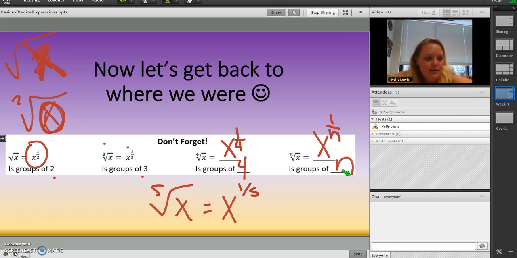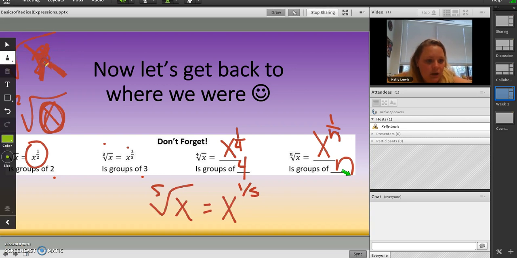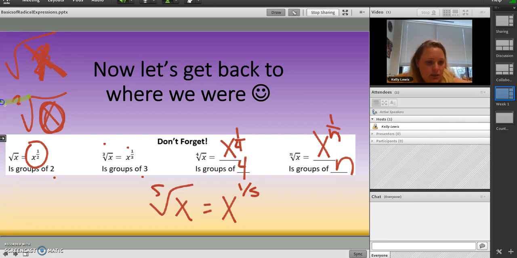All right, so notice that 2, that number is on the bottom. 3, that number's on the bottom. 4, that number's on the bottom. Whatever's right here, that number's on the bottom.